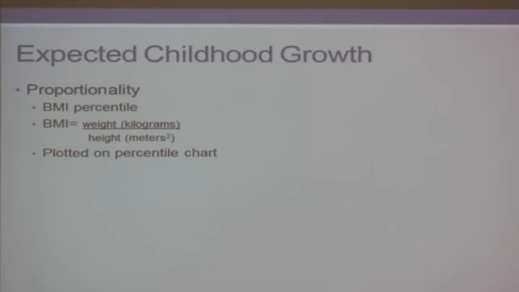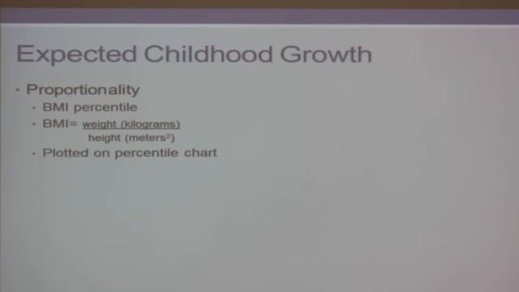we have to consider the body mass index and where that falls on a percentile chart. So body mass index, many of you have probably heard of that. We use it for adults to determine if we're overweight or at a healthy weight, or if we're underweight.